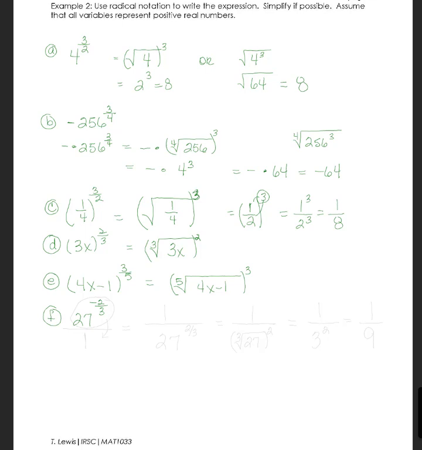Okay? The base still doesn't change. The exponent becomes positive. When we're talking about reciprocal, we're talking about fractions. It may or may not end up being a fraction. If it starts off as a fraction and this expression had been in the denominator, it would have moved up to the numerator. But it's not written as a fraction, though we can always make it into a fraction by placing a 1 under it.